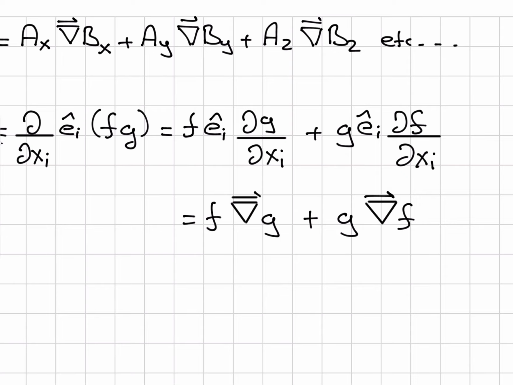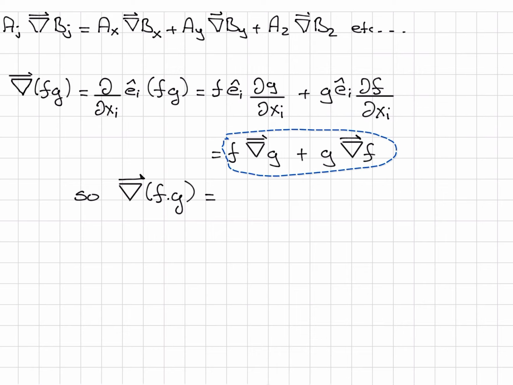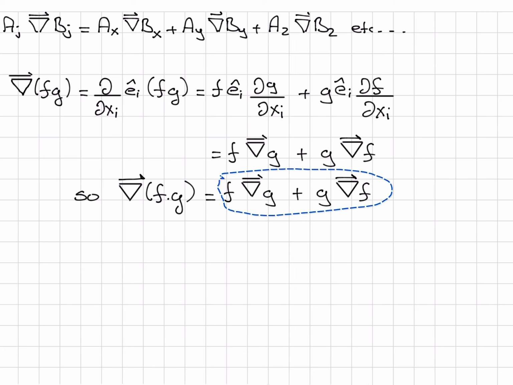So we reach the final conclusion. The gradient of the product of two scalar functions f and g is equal to f gradient g plus g gradient f.